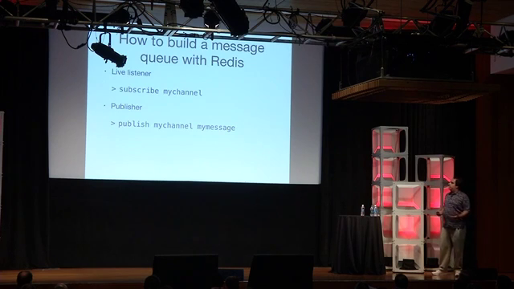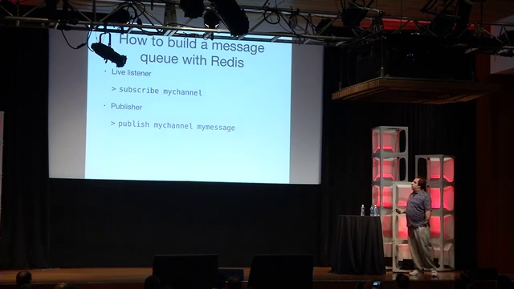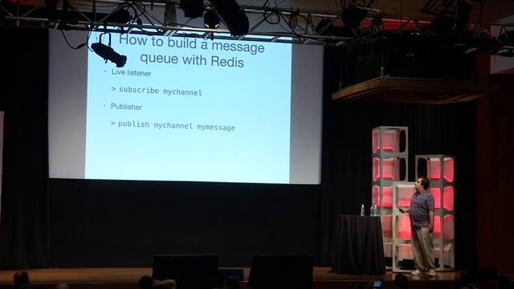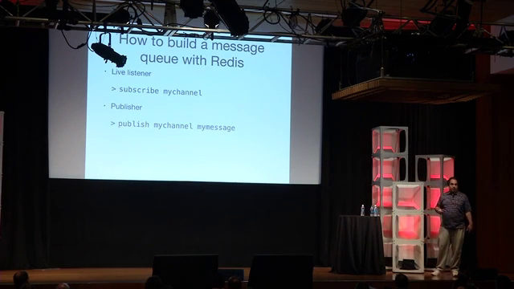It's actually pretty simple. Redis has PubSub, so you can set up a listener, subscribe to a channel, and all the bullet points with a little arrow in this slide are Redis CLI commands. So if you type Redis CLI, it'll drop you into a shell.